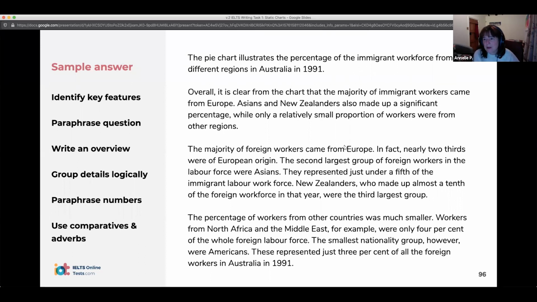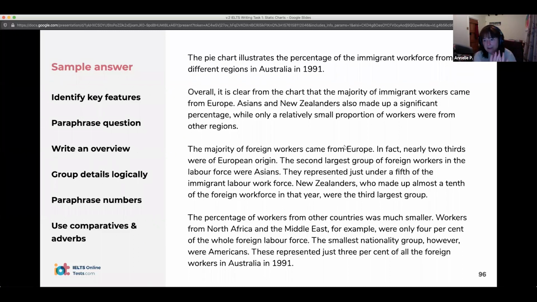I mean, you could write maybe one line of conclusion at the end just to sum it up and bring it together. What's important is that you don't include any opinion or analysis, that you're not bringing in other pieces of information from outside that maybe you happen to know. It's not an essay task.